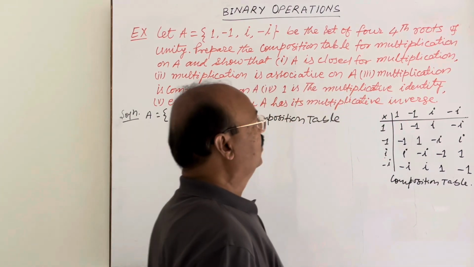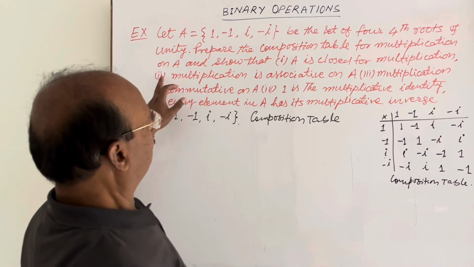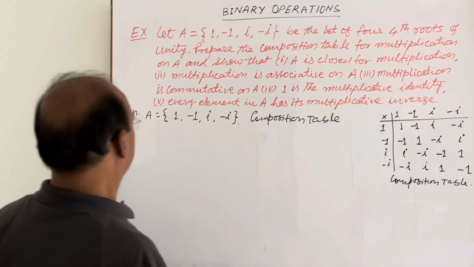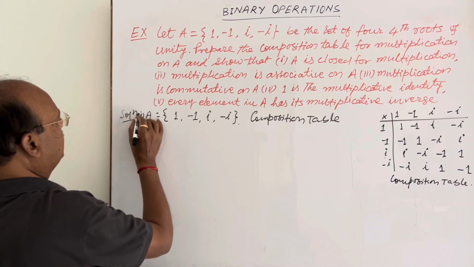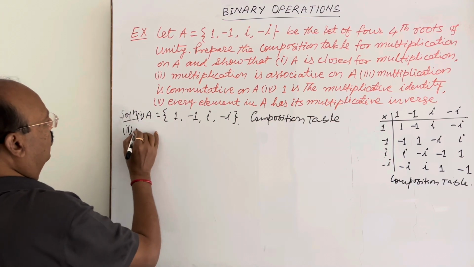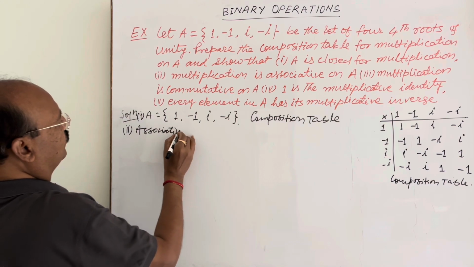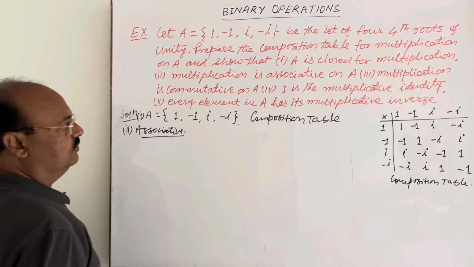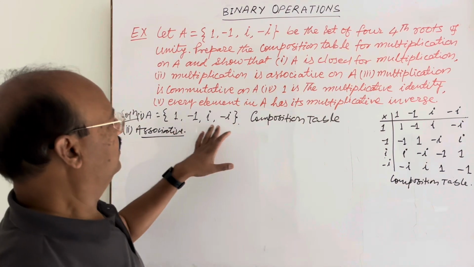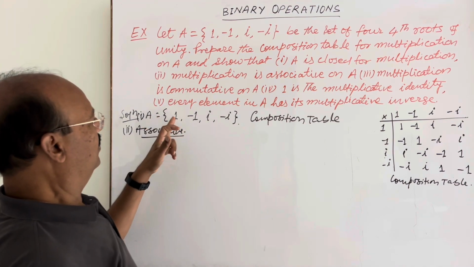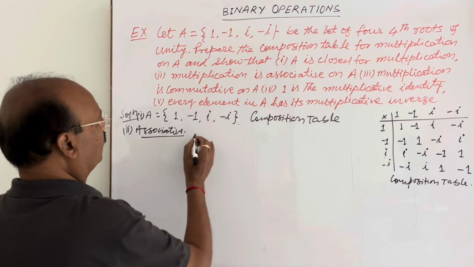Clear? Now next we have to show multiplication is associative. Second, we have to show associative. For showing associative we can take any 3 elements of these 4. So let us take 1, minus 1 and i.